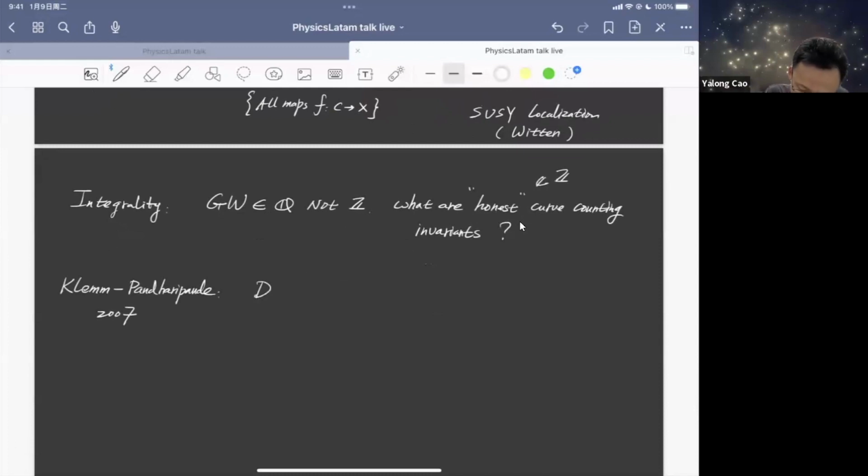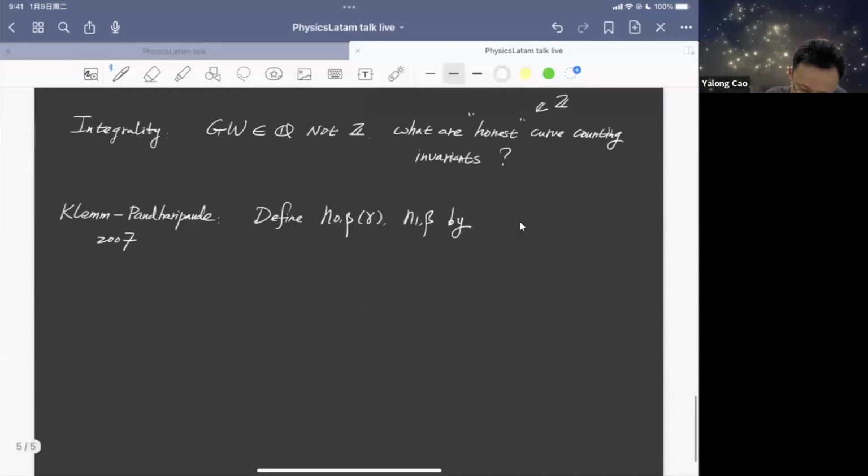What they do is propose to define two series of numbers, n0 beta gamma and n1 beta, for any curve class beta by the following two formulas.